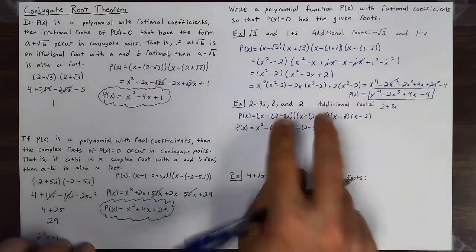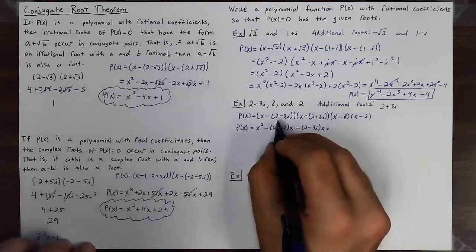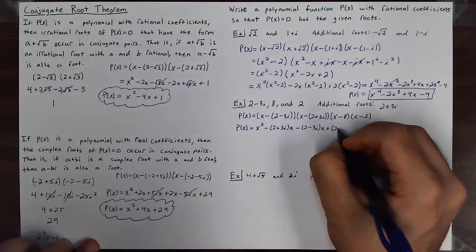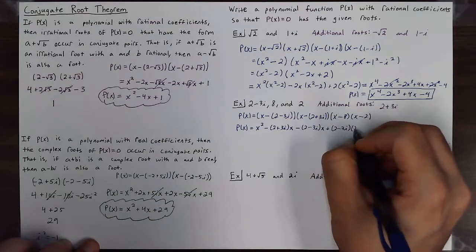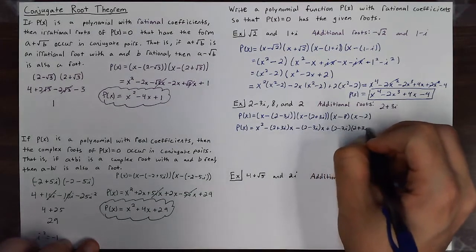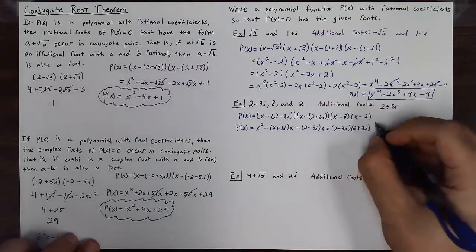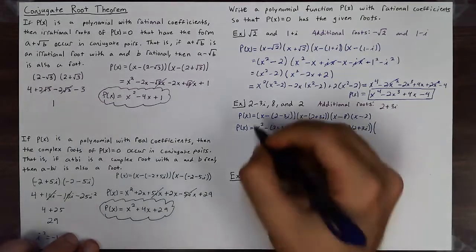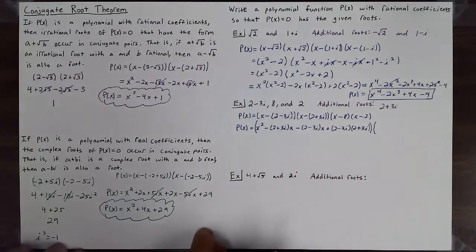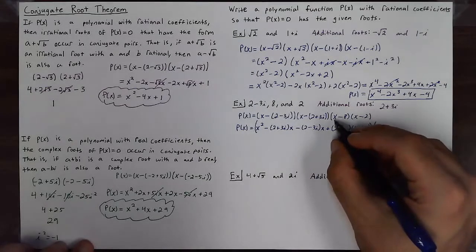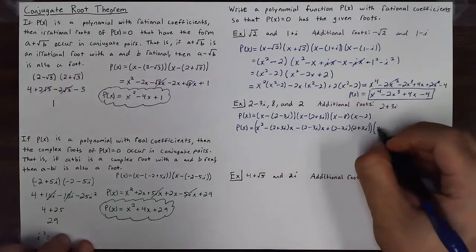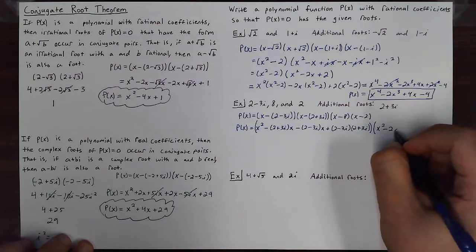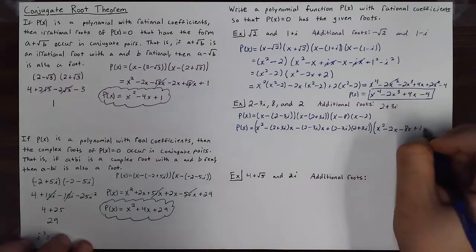And then my last will be plus 2 minus 3i times 2 plus 3i. And then all that's going to be times x minus 8 times x minus 2, which would be x squared minus 2x minus 8x plus 16.